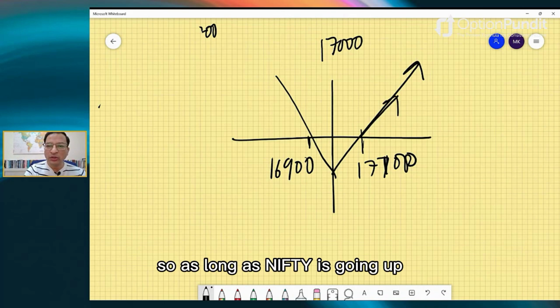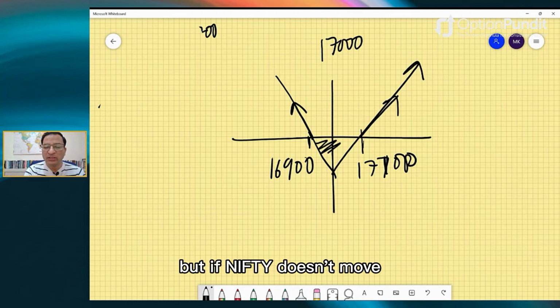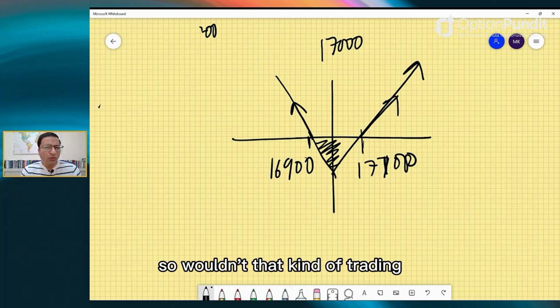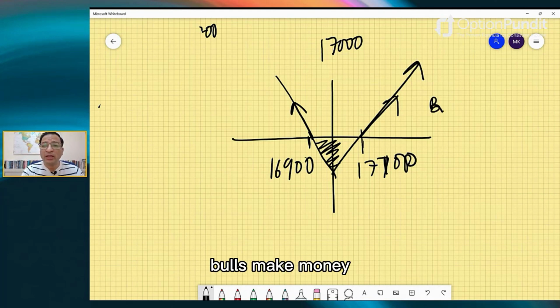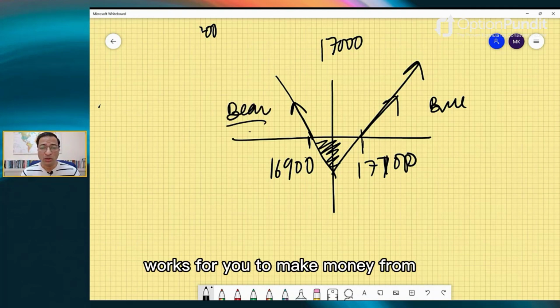As long as Nifty is going up, I make money. As long as Nifty is dropping below that, I make money. But if Nifty doesn't move, then in this case I will lose money. So wouldn't that kind of trading or investing approach also be amazing? Bulls make money, bears make money.